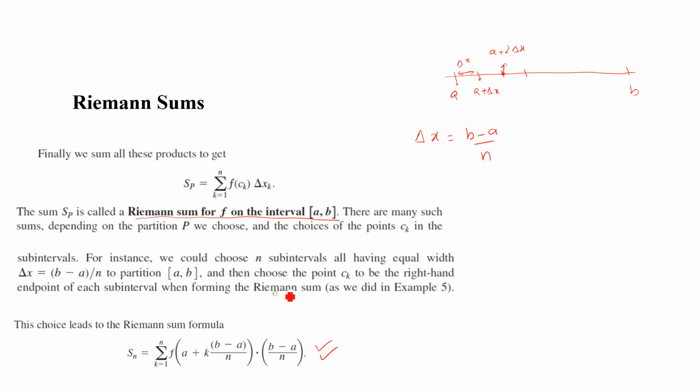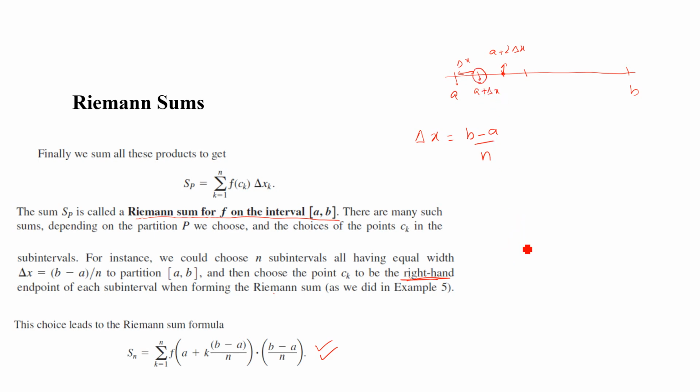Now we have to find the right hand sum. In the first interval, the right hand value is a plus delta x.